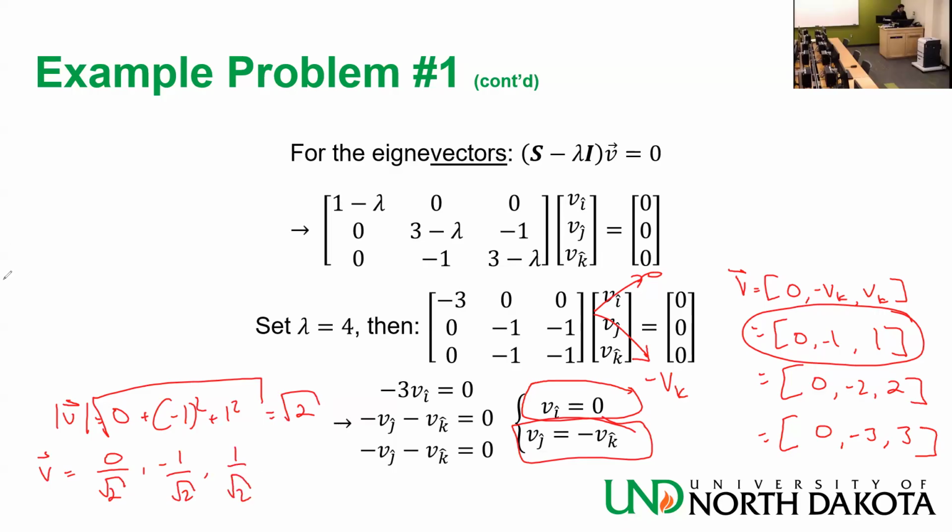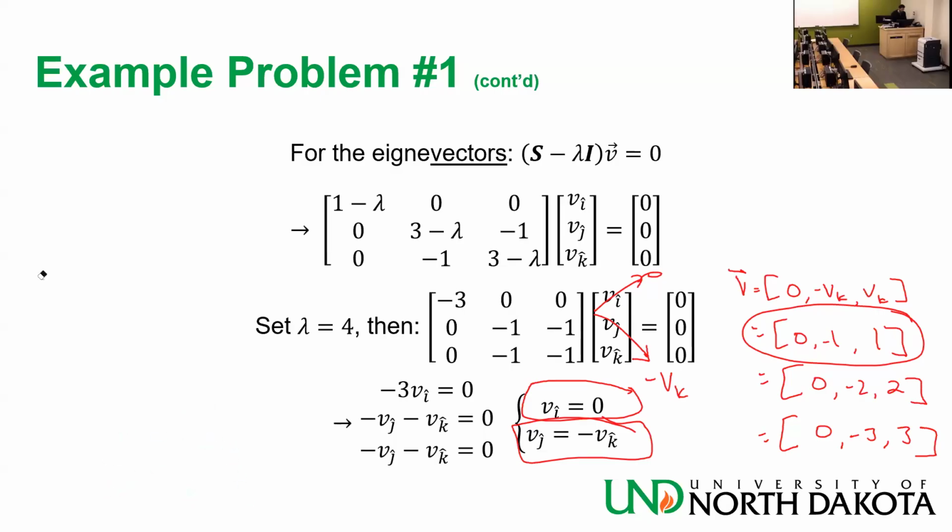Now, let's do it for the 2. So the unit vector, the magnitude of 2 is the square root of 0 squared plus (minus 2) squared plus 2 squared, which is 4 and 4, 8.